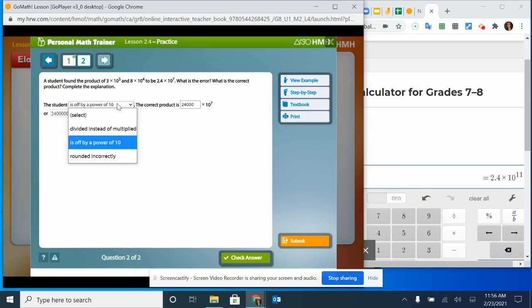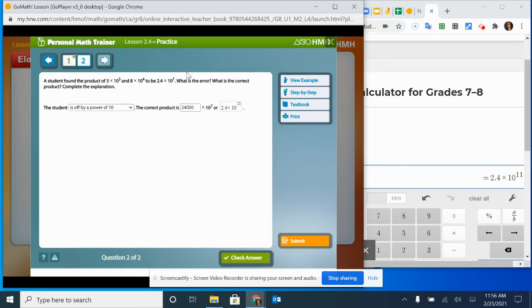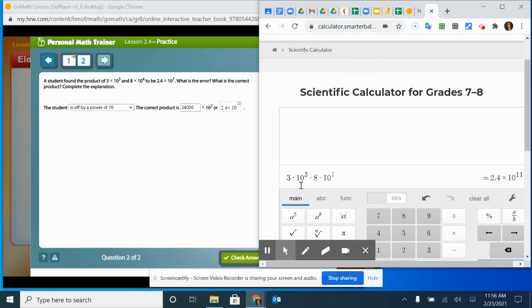He didn't divide, he multiplied. It's off by a power of 10. Let me see if okay, 2.4 times 10 to the power of 11. That's what I got. Did I put it in right? I put 10 to the fourth. Over here, 10 to the 7.